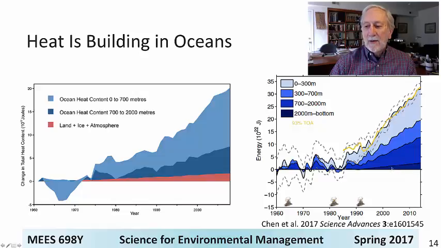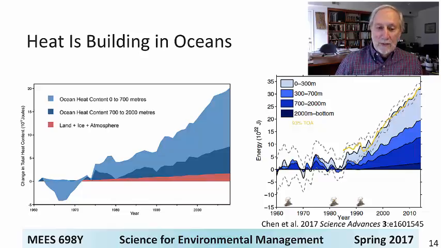And we can see also the heat is reaching deeper and deeper depths. Here, the heat content of the various depth layers of the ocean are indicated. So this is pretty clear evidence, again, that we have not only the total warming of the planet, but also a lot of heat built up, inertia built up in the system that's going to keep the planet warm.